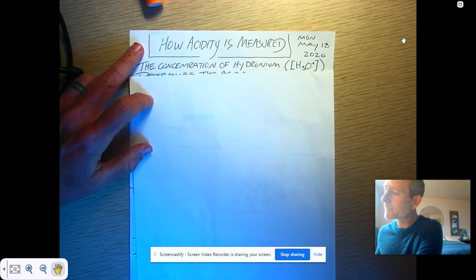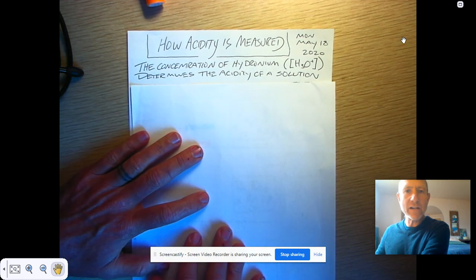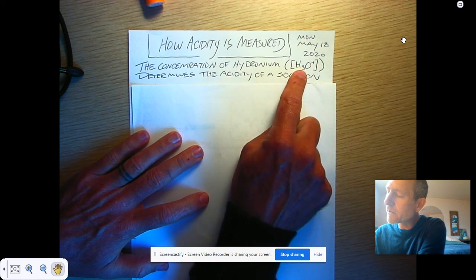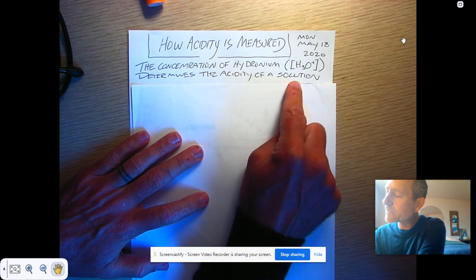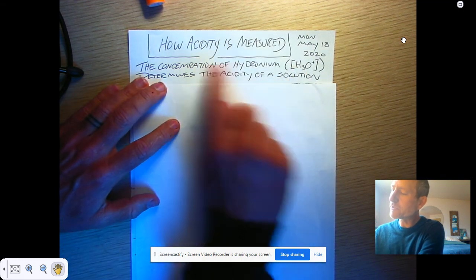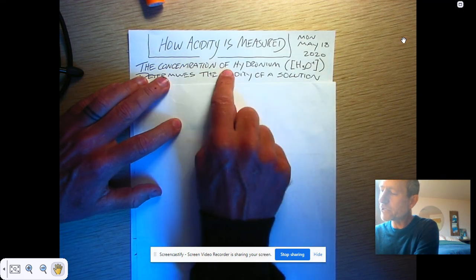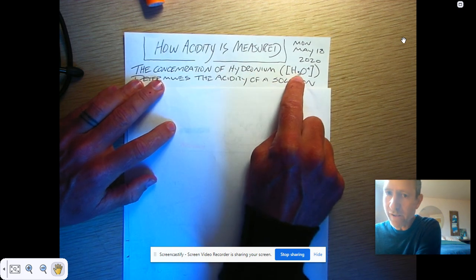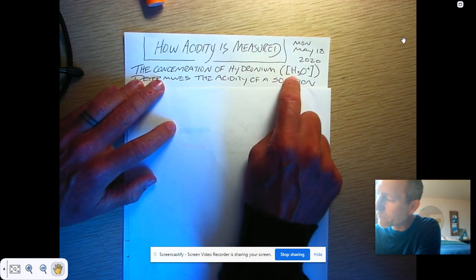So fine, we did that last time, and review that video, please, if you didn't understand what I was talking about just there. Okay, so here it says that the concentration of those hydronium ions in a solution determines the acidity of a solution. I wrote this two different ways. I said concentration of hydronium, and then I put the symbol for hydronium in square brackets.